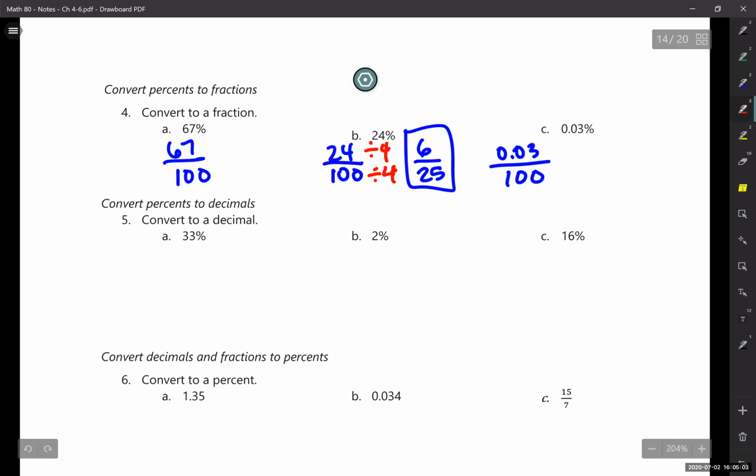Just like on part B, we couldn't leave it unreduced. For part C, this is also unreduced, but for a different reason. So what I'm going to do, and we're going to be practicing this moving decimals a lot in this section, I need to move the decimal to the end to make a 3. That's my goal, is I just want that whole number on top.